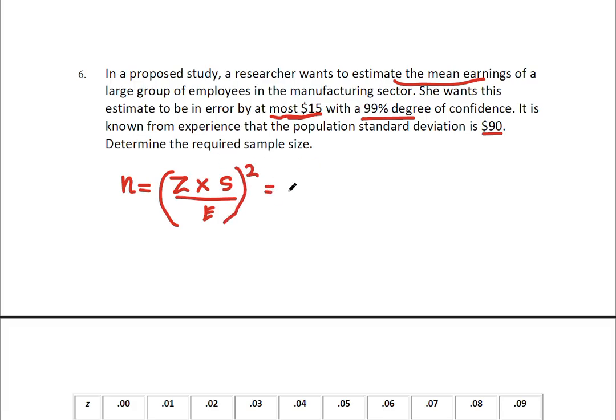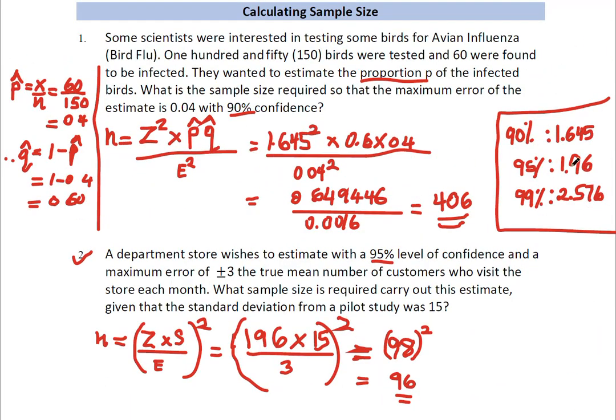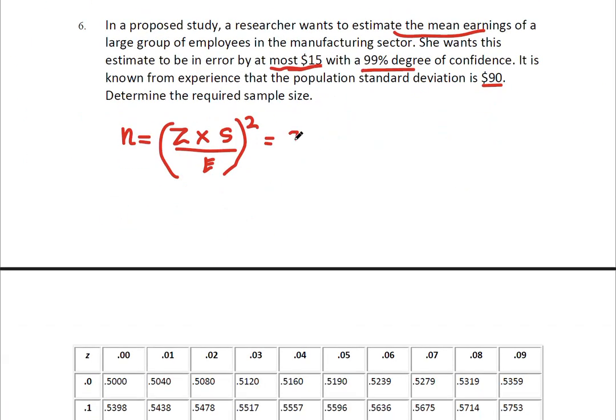Because the confidence level in this estimate is 99%, recall that the corresponding z-score is 2.576. So I'm going to insert here 2.576.